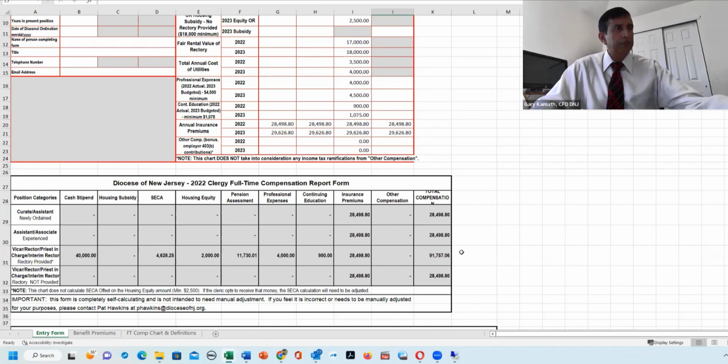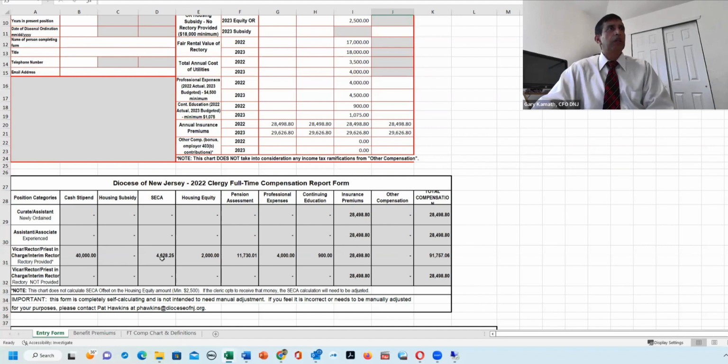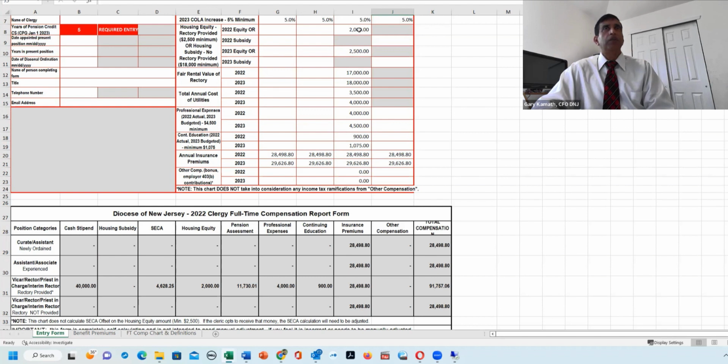Keep in mind you'll see the total compensation to be 91,757. And here, keep in mind the fair value of the rental, 17,000 for 2022, and 2,000 that we used here for housing equity is not part of that 91,757.